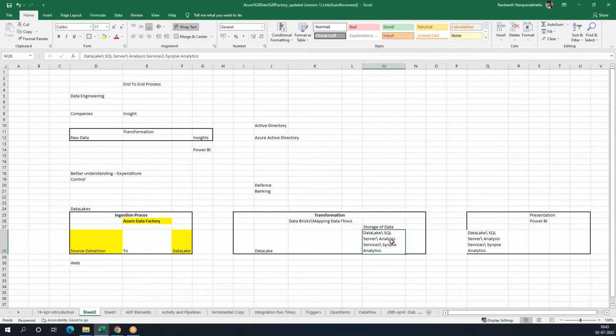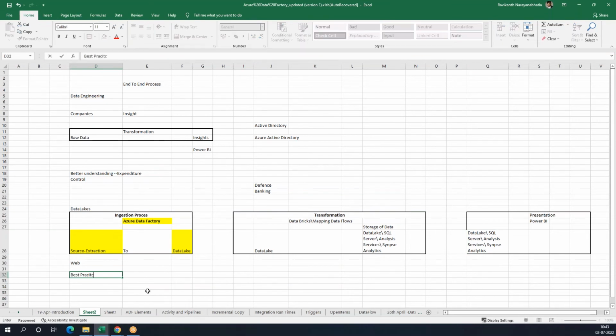During the session we will also try to understand the price differences that we have, and what could be the better storage formats in different scenarios. That discussion will come under best practices.